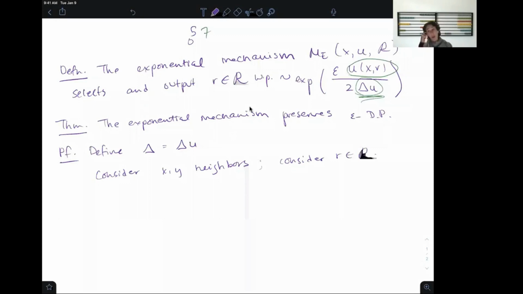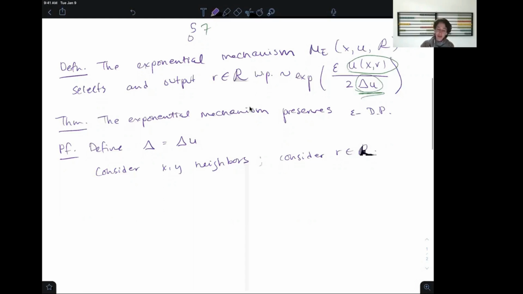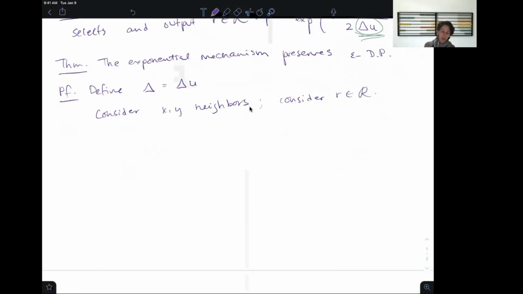And now what do I want to look at? Well, I want to look at the ratio of the probability that the mechanism returns r given x versus the probability that the mechanism returns r given y. This is already starting to feel very routine, very rote, which I hope is good. So the probability that the exponential mechanism returns r on x versus the probability that the mechanism returns r on y.